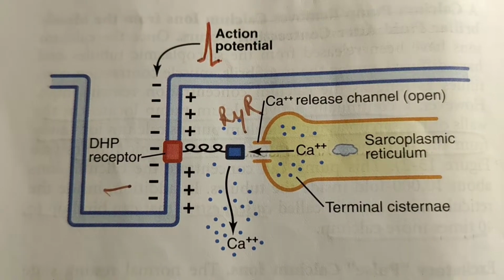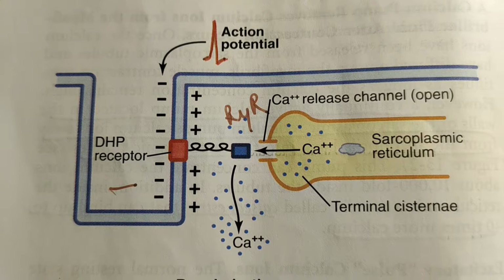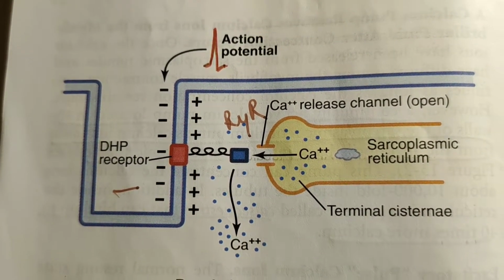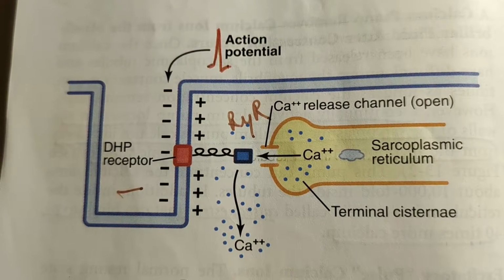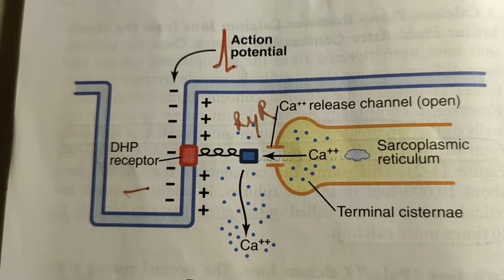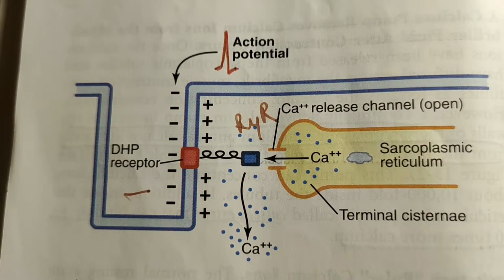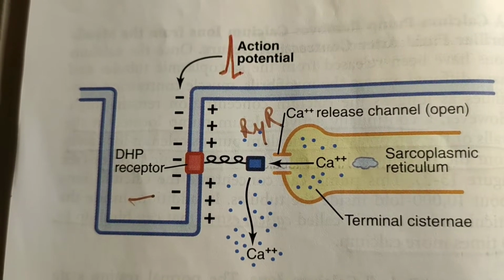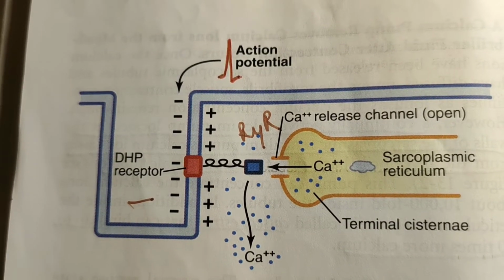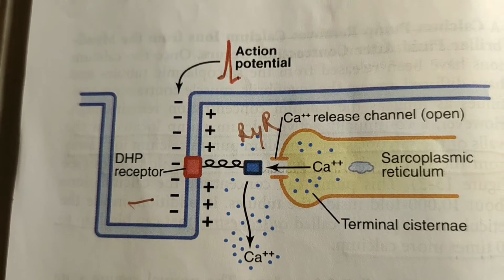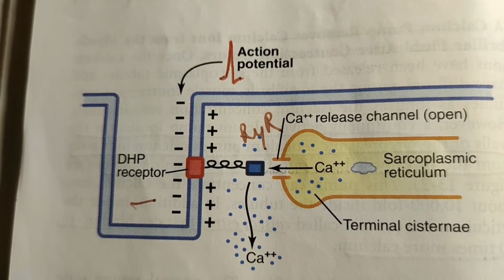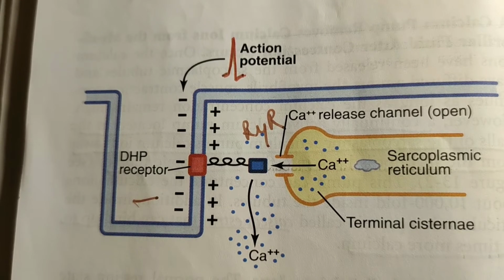Here large quantities of calcium ions are released from the reticulum to the myofibrils, and these calcium ions initiate the attractive forces between actin and myosin filaments. How? As we have discussed, the troponin C of the thin filament will bind to the calcium ions, and then troponin, which was attached to the tropomyosin, will have a conformational change which will allow the tropomyosin to move.